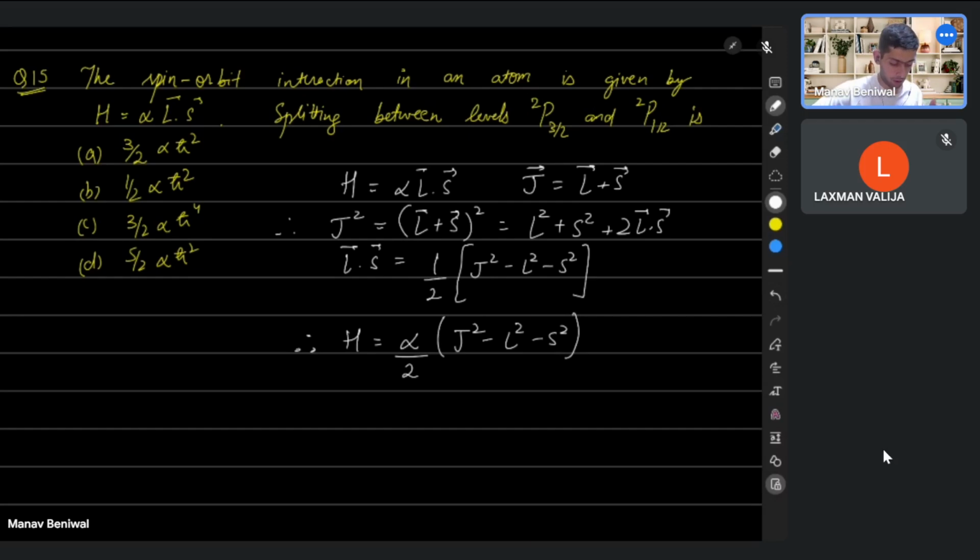Now once we have this value of interaction, we can easily calculate the splitting between 2p3 by 2 and 2p1 by 2. We just need to plug in the values of j, L and s. Let's start with 2p3 by 2.